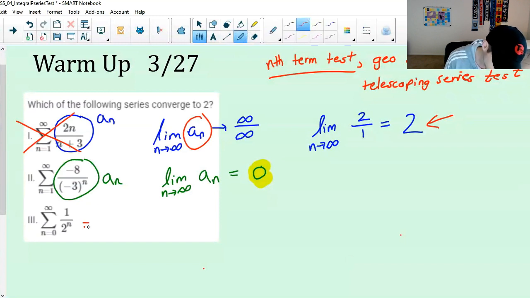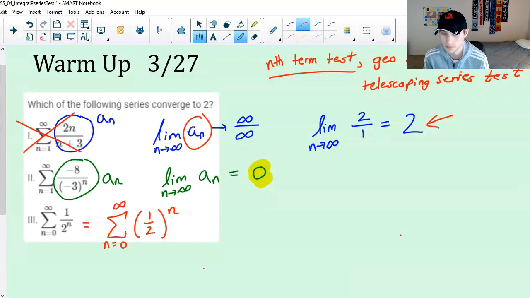All right, I'm going to rewrite this. I just put the n on the outside because of exponent rules: 1 to the nth is always just 1.